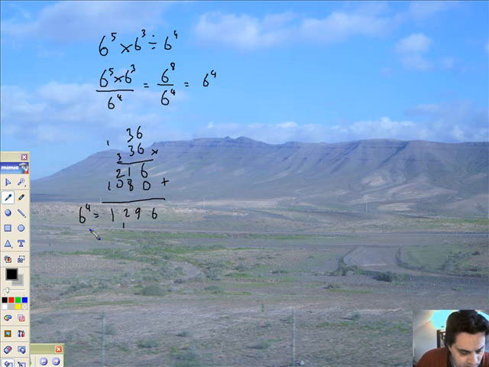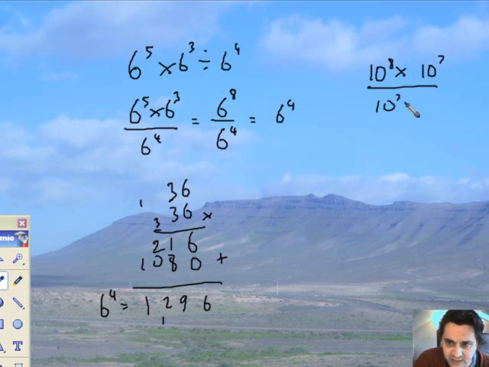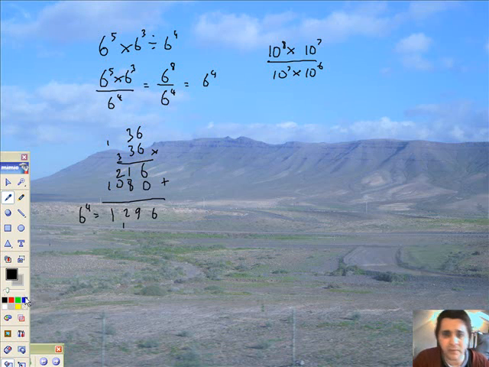Right, what else we got? Question 6D is worth doing. Right, 10 to the power of 8 times 10 to the power of 7, again whole heap of zeros, over 10 to the power of 7 times 10 to the power of 6. Now you can combine the powers top and bottom if you want to, or you can say 10 to the power of 7 divided by 10 to the power of 7 is 1. Don't bother.